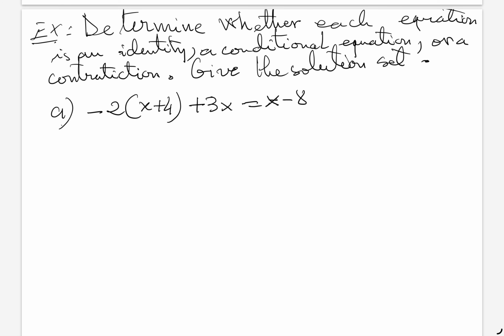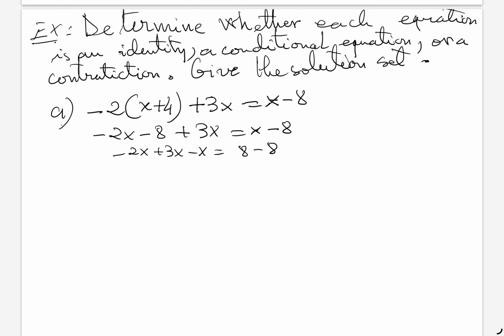If you put the negative 2 inside, you have negative 2x minus 8 plus 3x is equal to x minus 8. And now you have to move the x to the left side, and all real numbers to the right side. So you have negative 2x plus 3x minus x is equal to 8 minus 8.